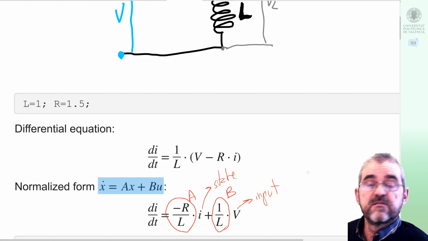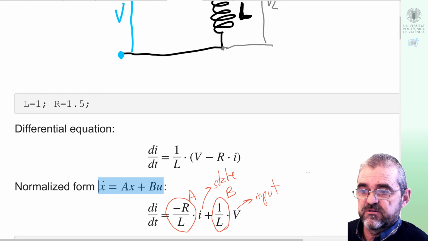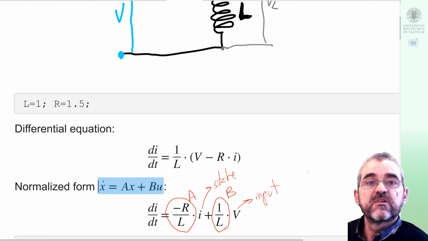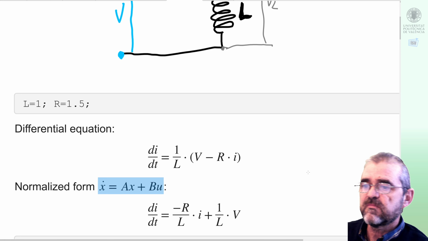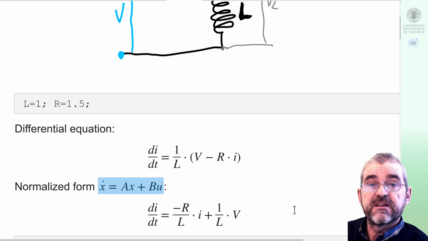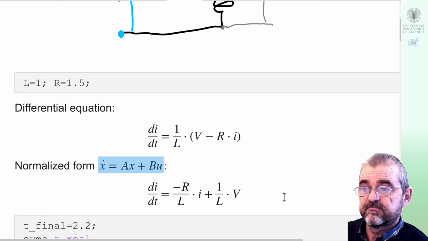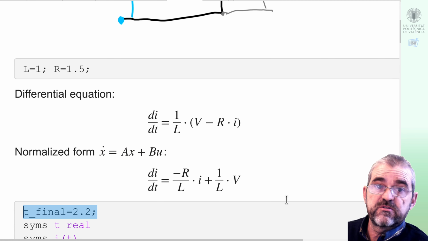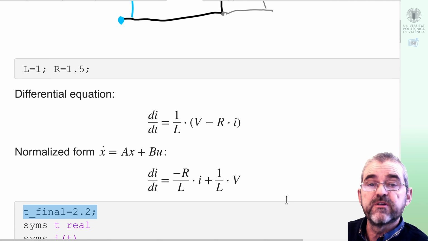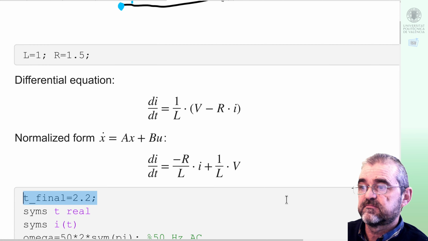This is the normalized way of writing the equation, but it's just cosmetic in this case. So now we'll replace numerical values and solve it, and in later plots we'll simulate 2.2 seconds.